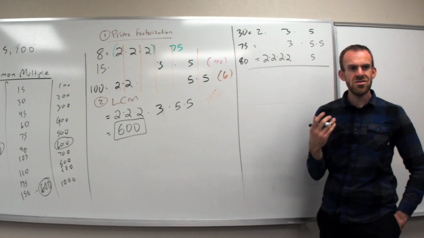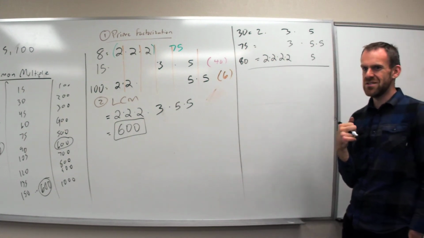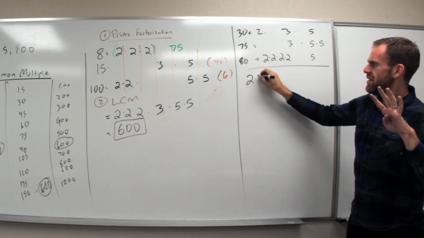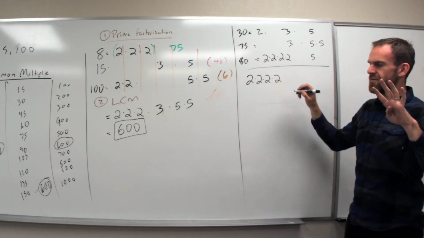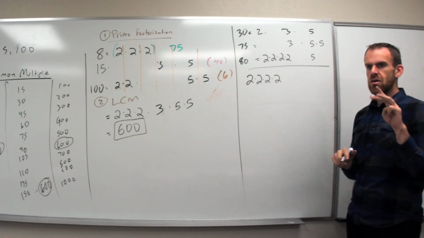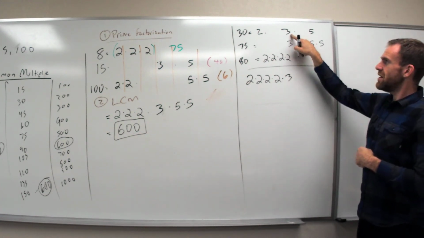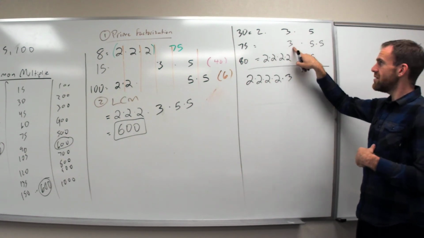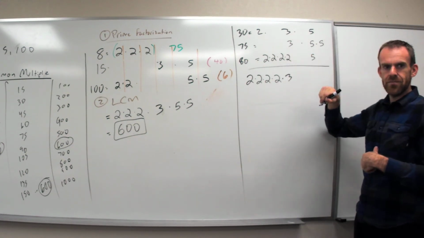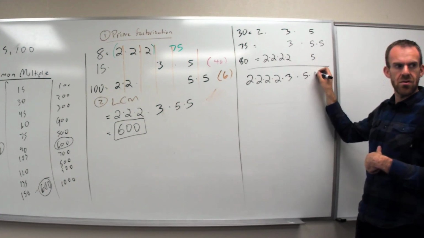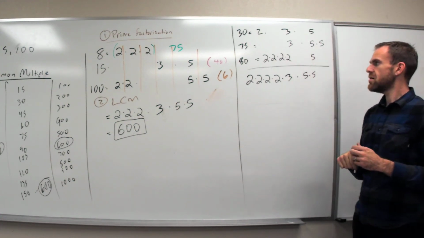So, how many 2's do we see? What's the highest number of 2's we see? 4. So I know my least common multiple is going to need 4 2's. How many 3's do I see? 1. There's 1 here, and there's only 1 here, so I include 1 3. How many 5's? 2, because there's 2 5's there.